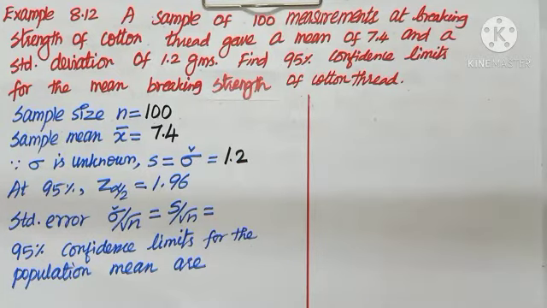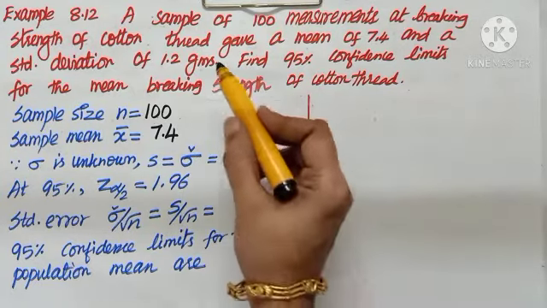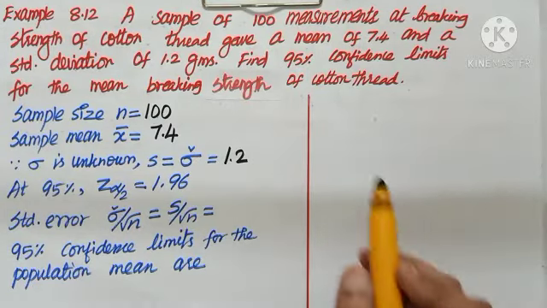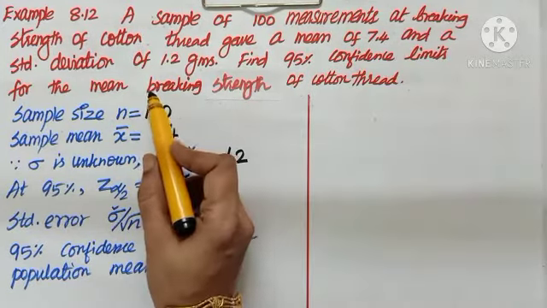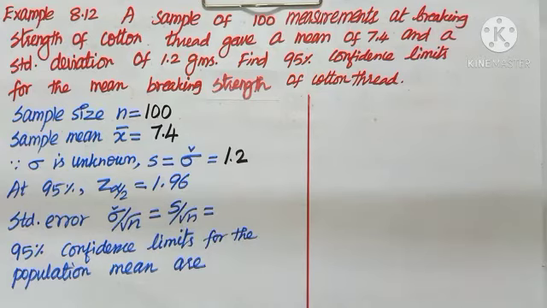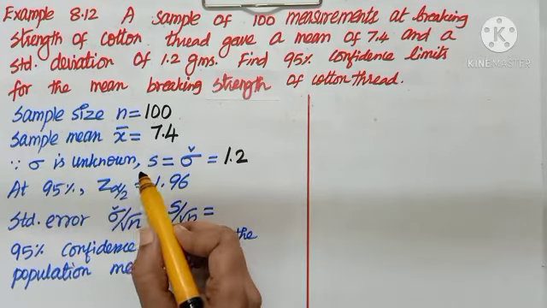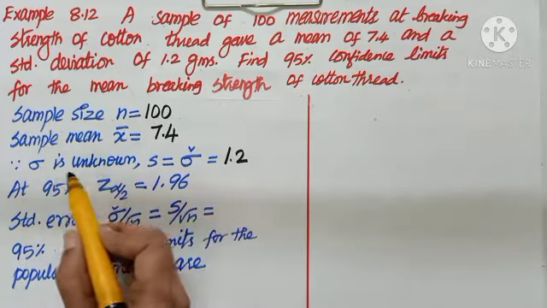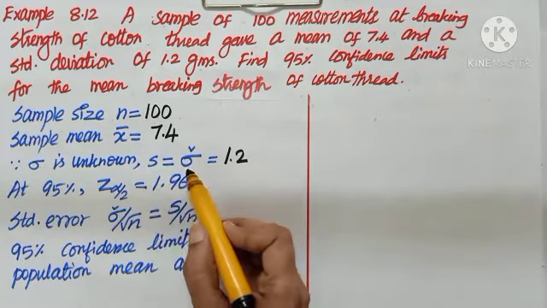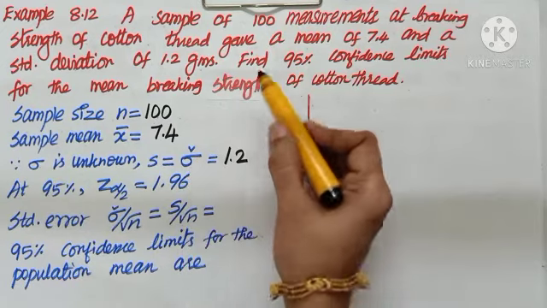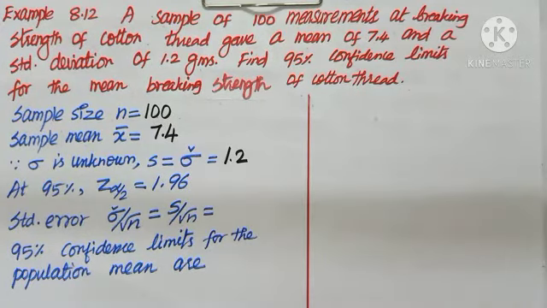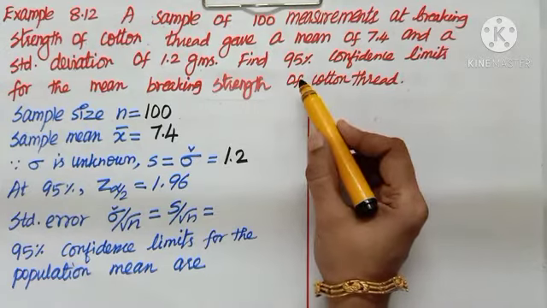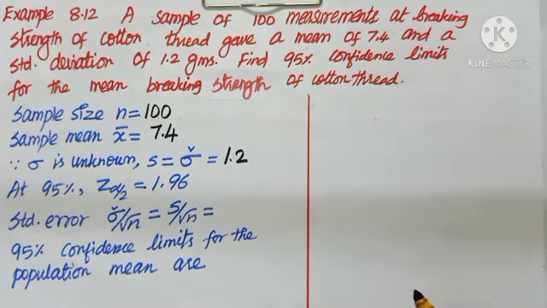Usually, population standard deviation is what we need in the problem. But if it is not given, you can use the sample standard deviation as an approximation. Sample standard deviation we denote by s, but I am taking it because sigma is unknown. Take it as an approximation for sigma, which is 1.2. The question is 95% confidence limits.